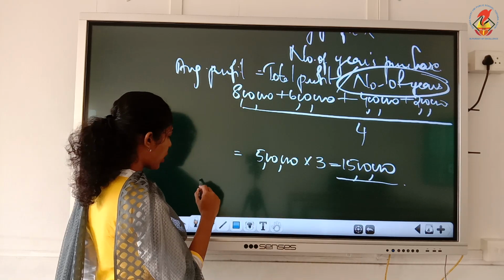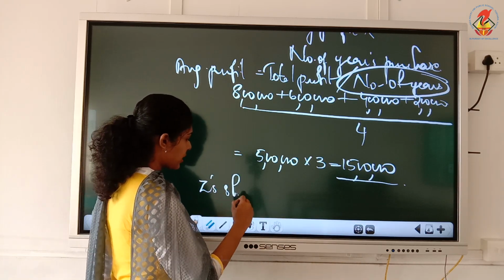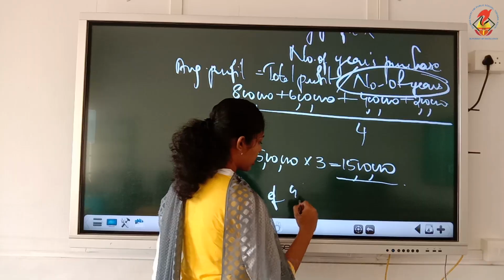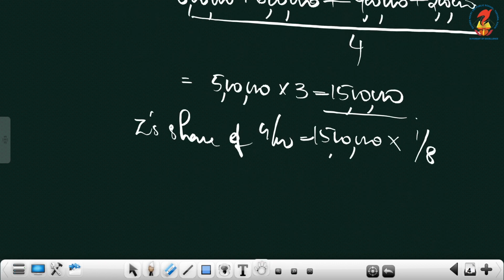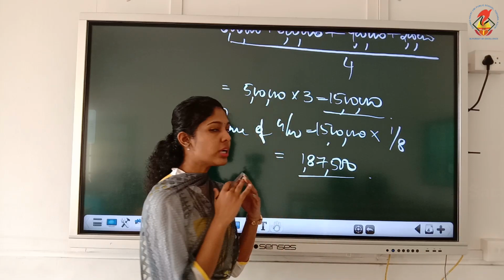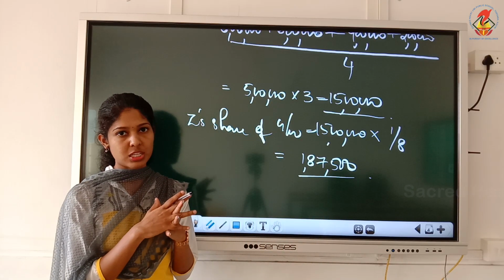First you should get the deceased partner's share of goodwill, that is 15 lakhs into his proportion, which is 1/8. So deceased partner's share of goodwill is 1,87,500, which you have to divide in the gaining ratio.